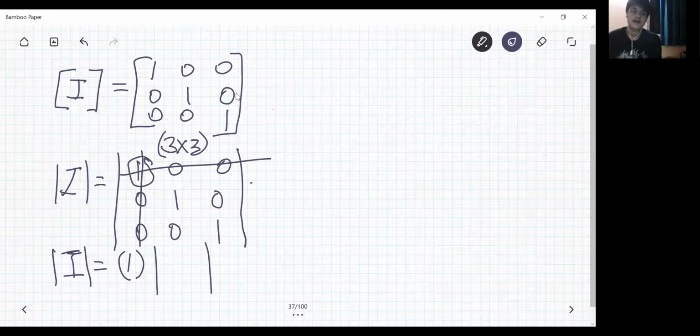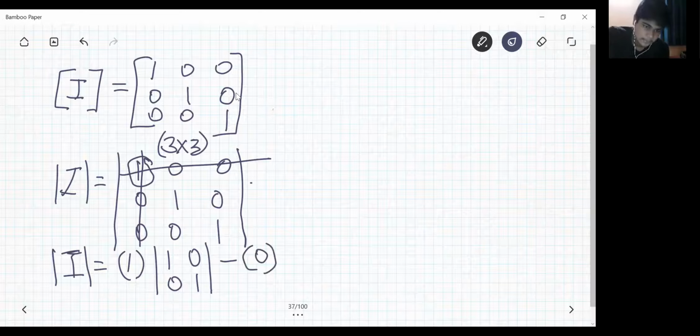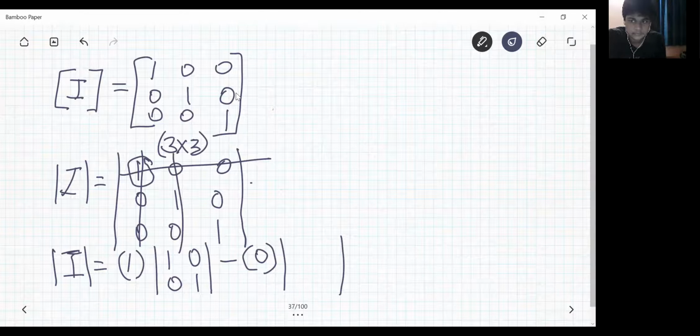Then we put a minus sign. Then 0 into, the next number we write, the determinant 0, 0, 0, 1. So we have to leave this column and this row and write 0, 0, 0, 1.